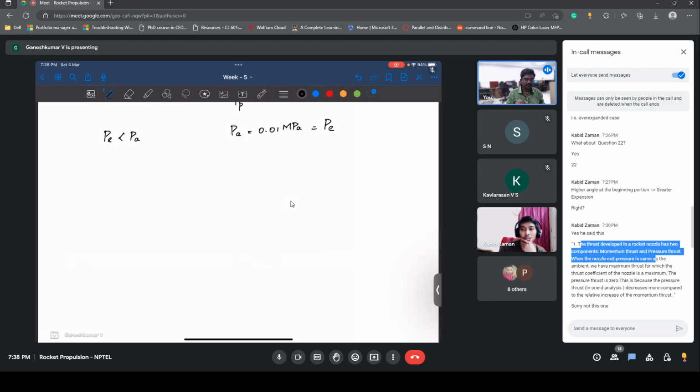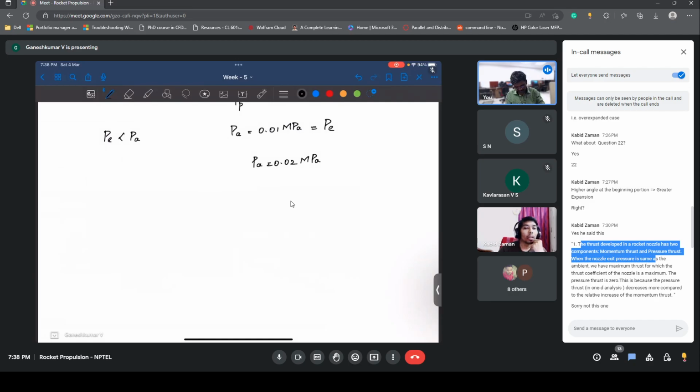If my ambient is 0.01 megapascal, then I have perfect expansion. Now what they said is that in the test facility the ambient pressure is 0.02 megapascal, right?